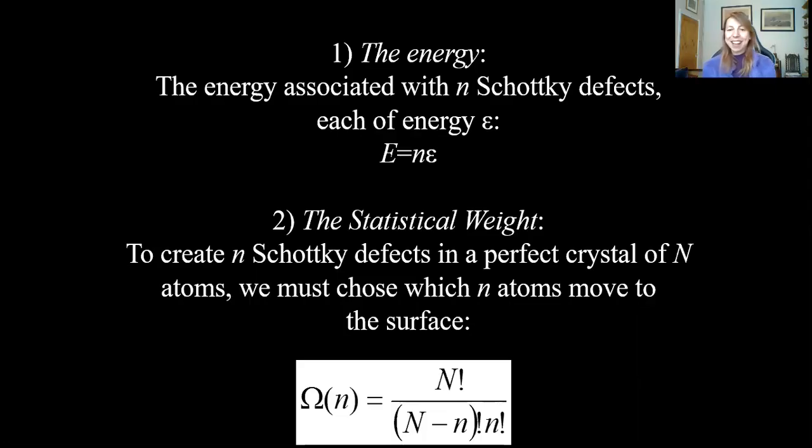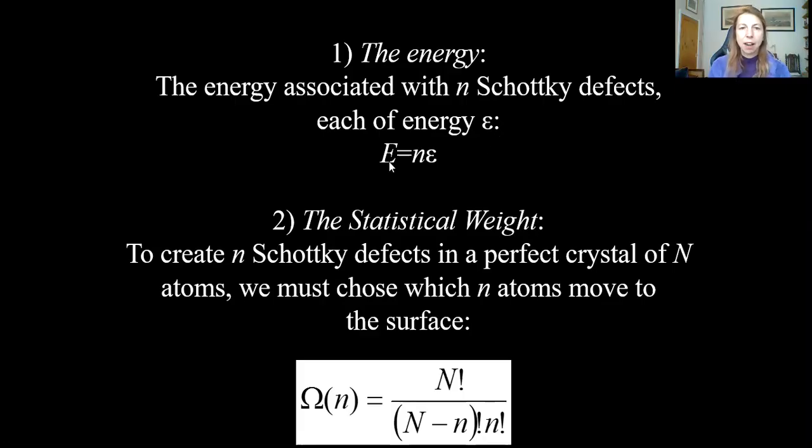Okay, so now we can actually try and calculate how many of these vacancies there are as a function of temperature. The first thing we have to do is write down the energy associated with one of these defects. And we do that very straightforwardly. We assume that each defect has energy epsilon.